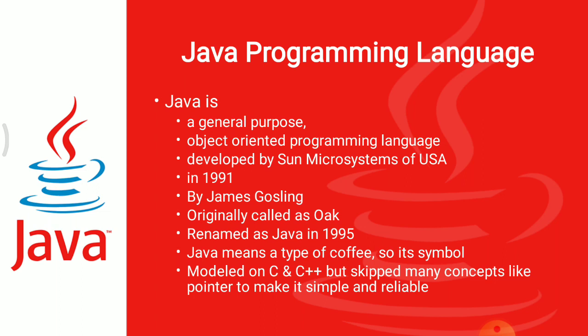Object oriented programming language. What is object oriented? It is concerned only with objects. If I say I have to score, or I have to learn Java in detail, then that is my object. And oriented means I have to stick with my object, that I have to learn Java in detail under any condition. That is a basic focused purpose language, we can call this.